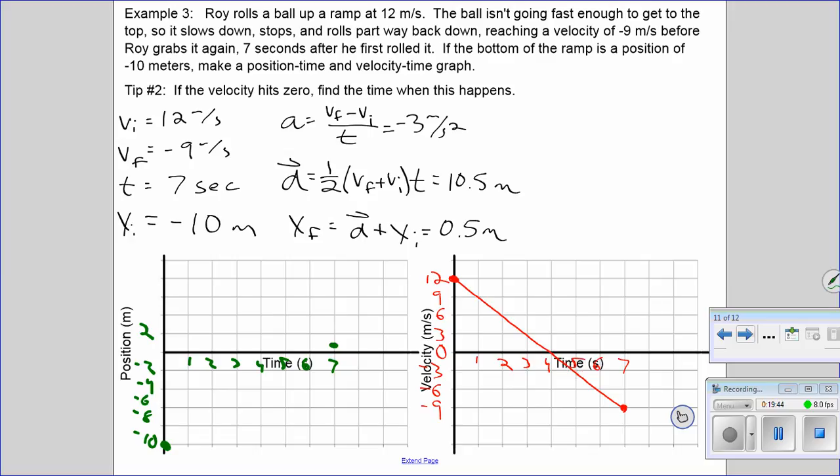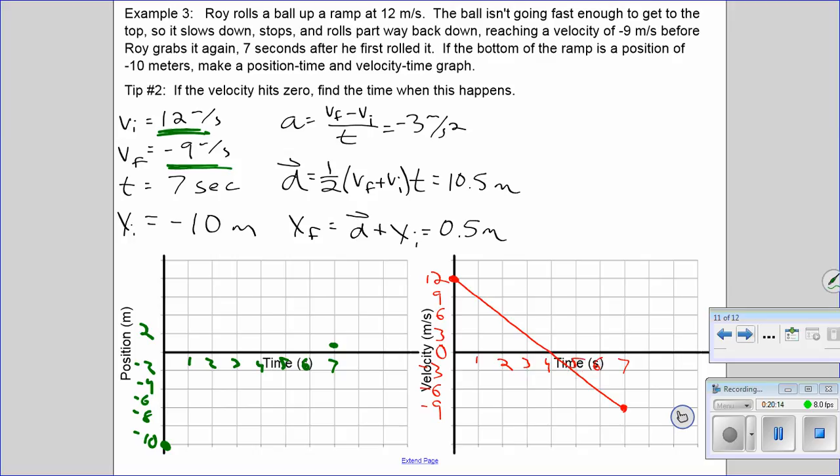So remember, you guys, on a position time graph, how do you represent direction? Like if you're moving forward, show me your hands. What does the graph look like? Slopes uphill, right? And if you're moving backwards, it slopes downhill, right? So what's going to happen is my graph, sometimes we're moving forwards, sometimes we're moving backwards. So my graph's going to have an uphill portion and a downhill portion, right?